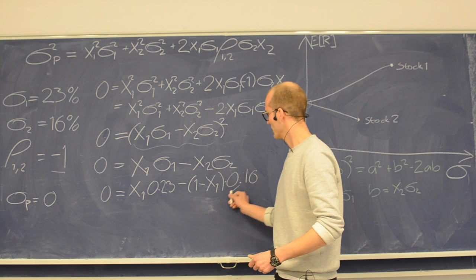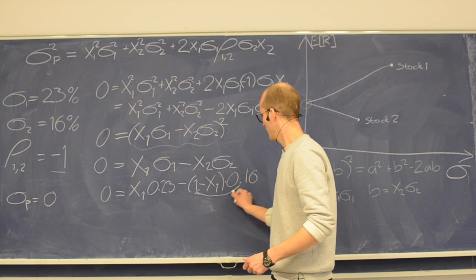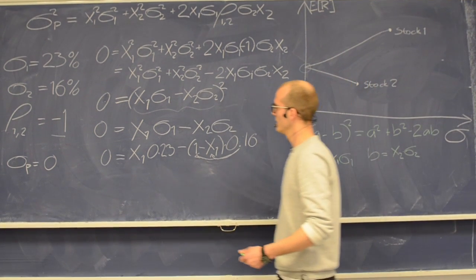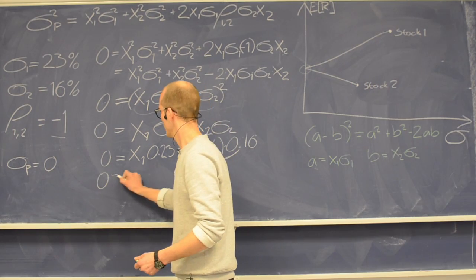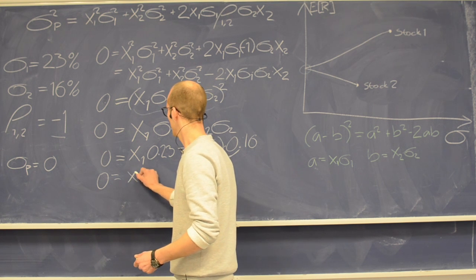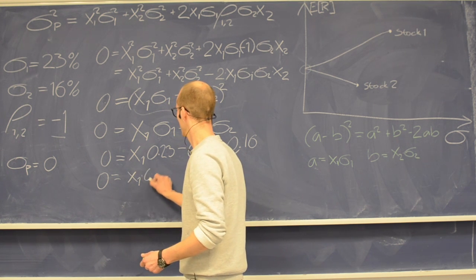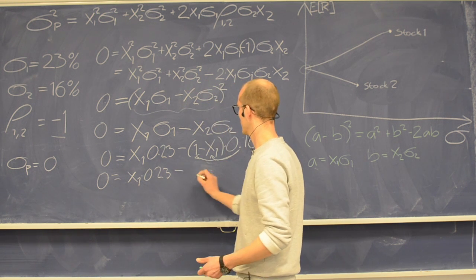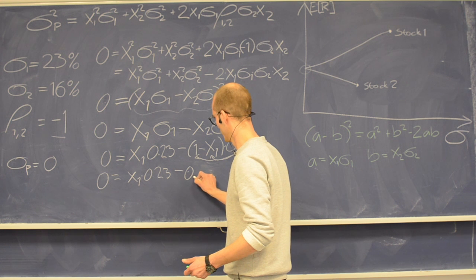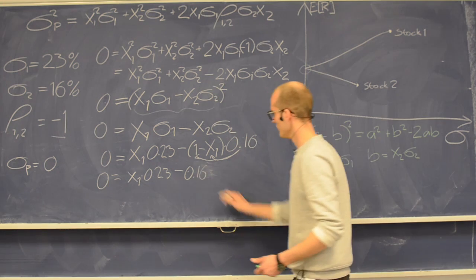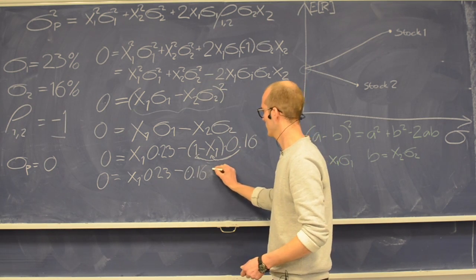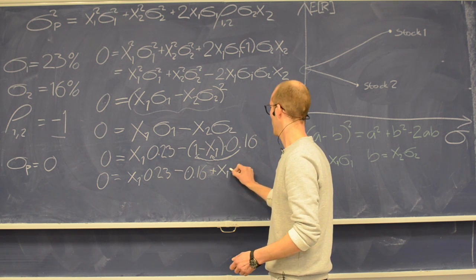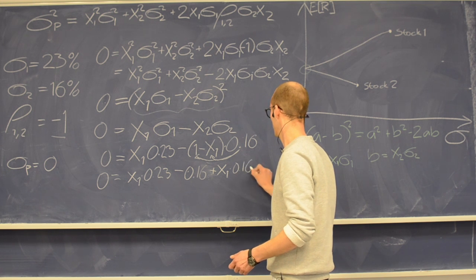Now we can multiply 0.16 in here and here. So we get 0 is equal to x1 times 0.23 minus 0.16 times 1, which is 0.16. Minus minus becomes plus, plus x1 times 0.16.